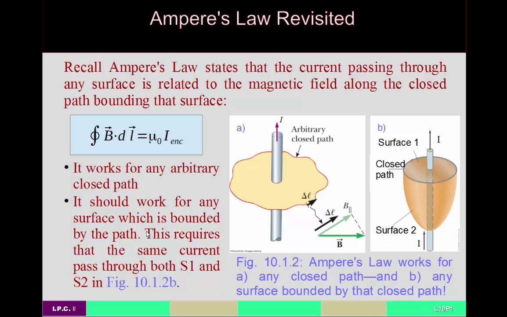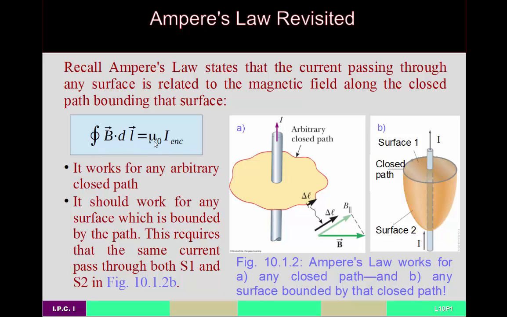Ampere's law basically says that if you have a current passing through a surface, then the magnetic field along the path that bounds that surface is going to be related to the current passing through the surface by this equation.